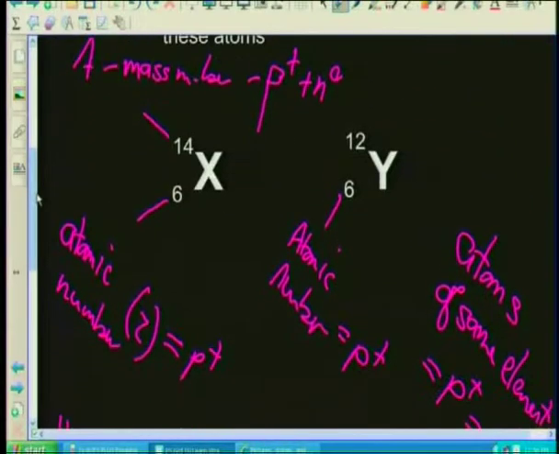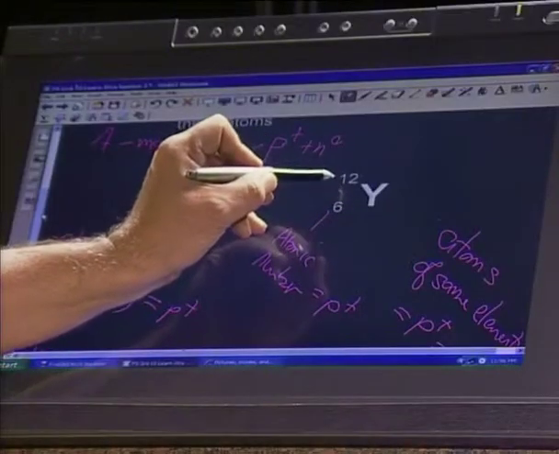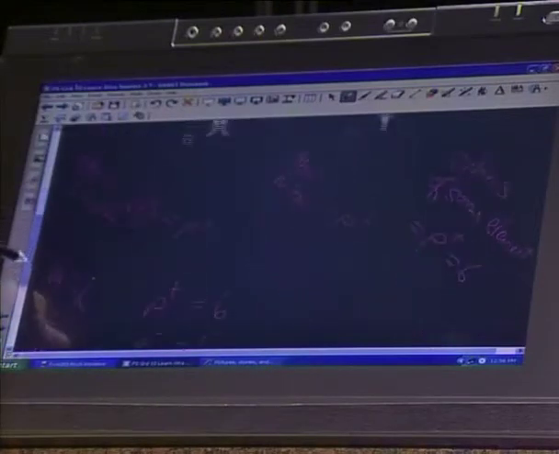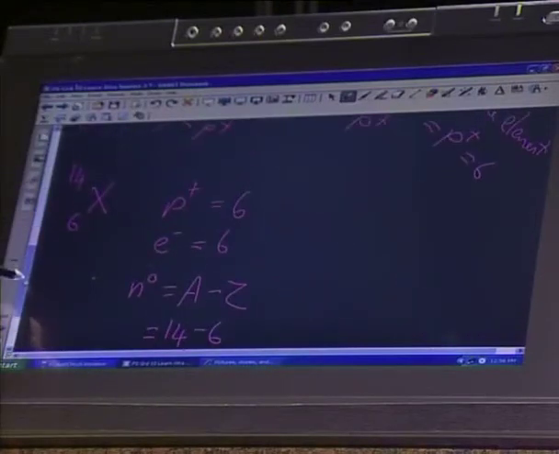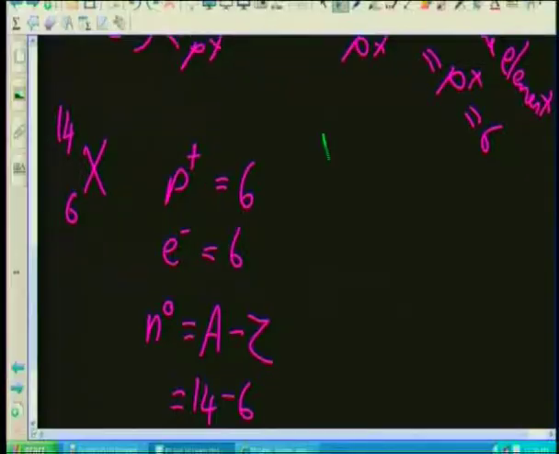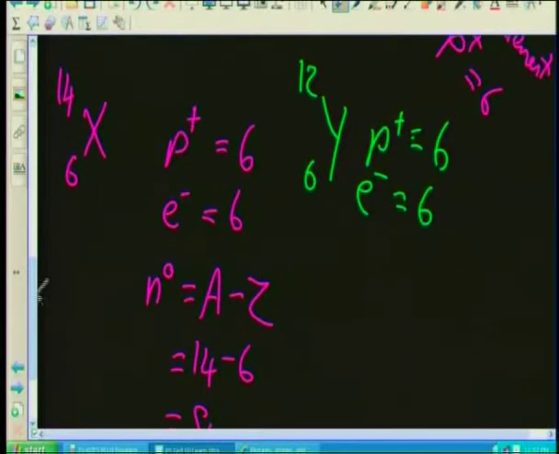Let's have a look and see what we've got here. Y has 12 as its mass number and 6 as its atomic number. Let's do the same calculation. Y, 6, 12. Protons, definitely equal to 6. The number of electrons has to be the same as the number of protons for an atom.